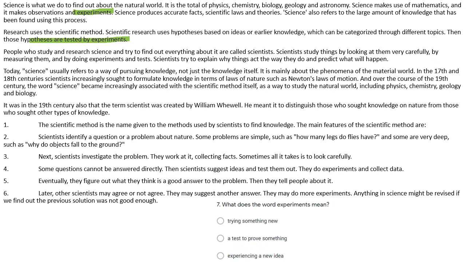But this passage is about the scientific meaning of the word experiment. An experience, a new idea, again, that can also be an experiment. But in this passage, we're talking about science. And we are testing hypotheses. If we test the hypotheses, we want to know, is it true or not? Now, again, it talks about measuring them by doing experiments and tests. So the best answer is going to be a test to prove something.